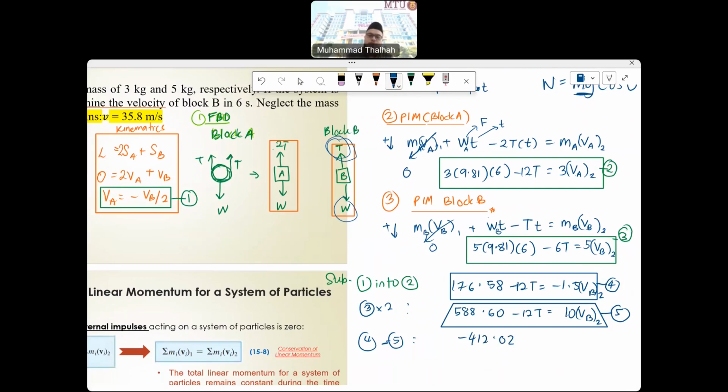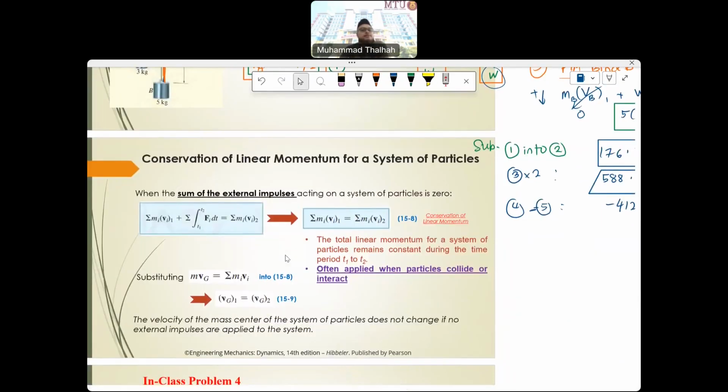Negative 12t minus negative 12t adds up to 0. 1.5 V B minus 10 V B is minus 11 V sub B. Eventually, you will get the answer of 35.8 meters per second, and that's going to be your final answer. Okay, let's continue.